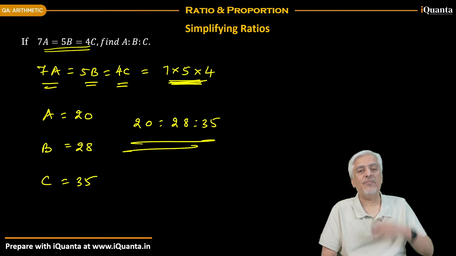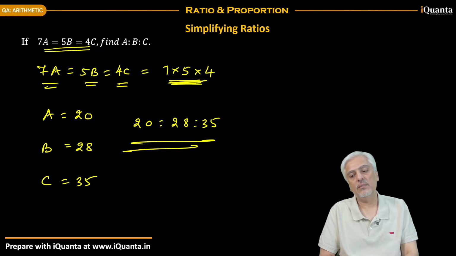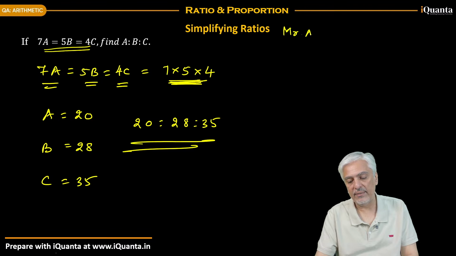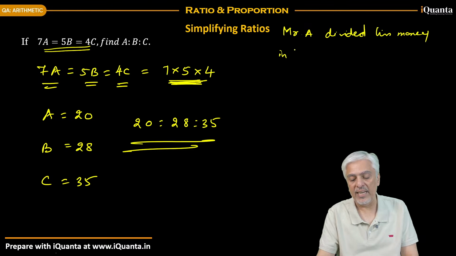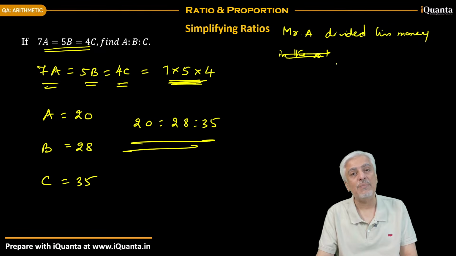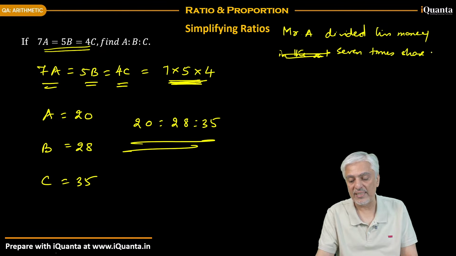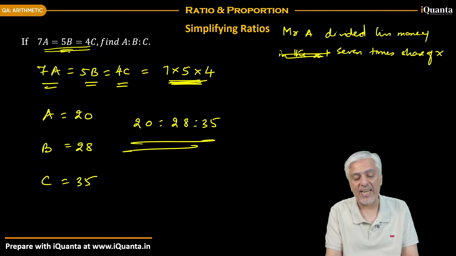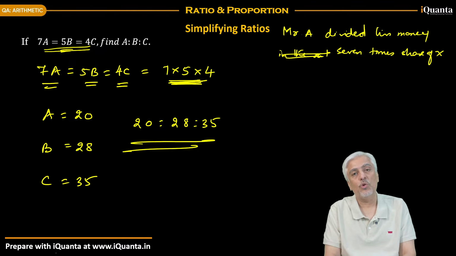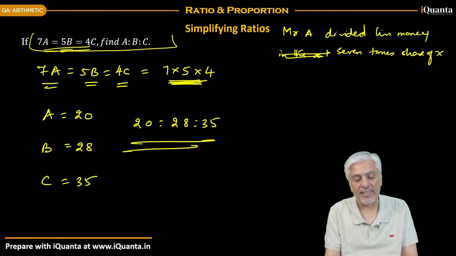What problem sum can you make from this? Mr. A divided whatever money he had in the ratio, divided his money between his three sons A, B, C or X, Y, Z such that 7 times share of X is same as 5 times share of Y is same as 4 times share of Z, and you will get exactly something like this.